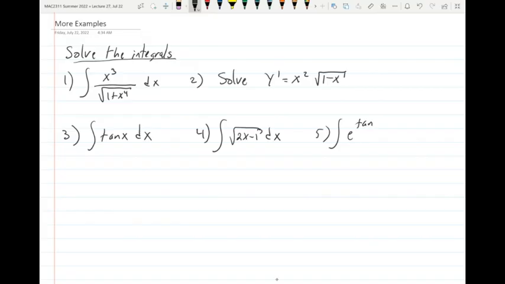So let's do e to the tangent of 2x times secant squared of 2x. Okay, just want to do several examples here.